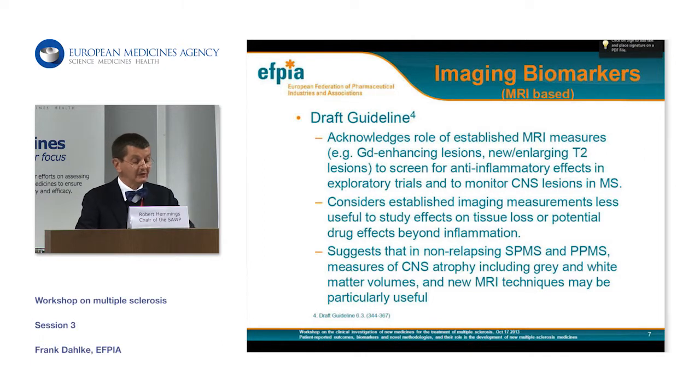The guideline also mentions that these MRI measures, as we use them on a standard level, may be less useful to study effects on tissue loss or potential drug effects beyond inflammation. And in that context, the guideline suggests that CNS atrophy measures or new MRI techniques may be of potential relevance in the non-relapsing SPMS or PPMS indications.